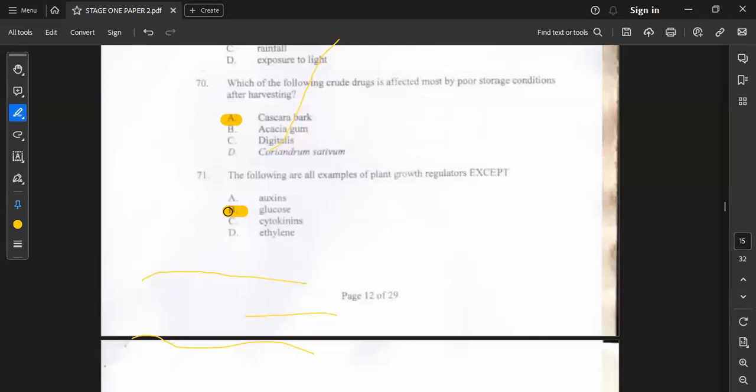Auxin is responsible for upward growth, and cytokinins, it's lateral growth. Then ethylene promotes ripening.